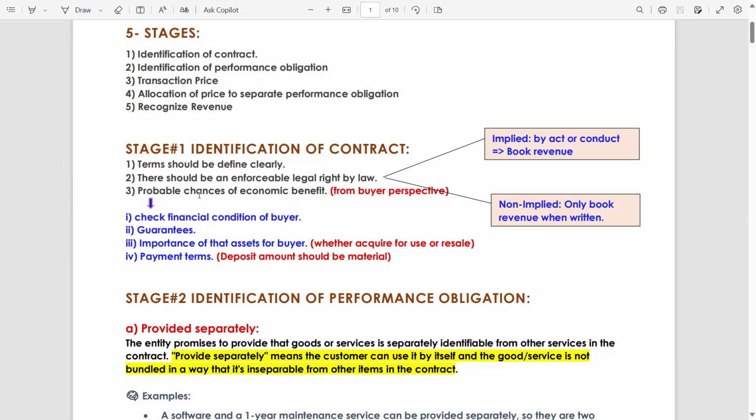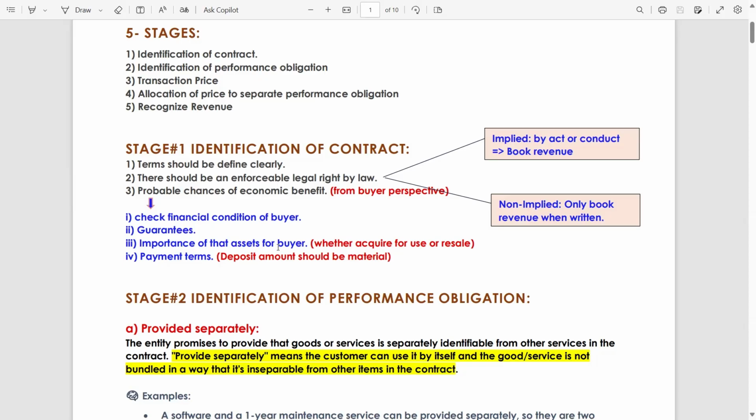Now, what about probable chances of economic benefit? You will have to check this criteria from the buyer's perspective, meaning check the financial condition of the buyer, whether the buyer is feasible or technically sound, that the buyer can purchase your product. Guarantees, if there is any guarantee associated with the product.